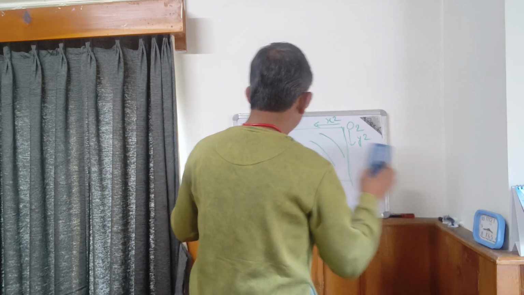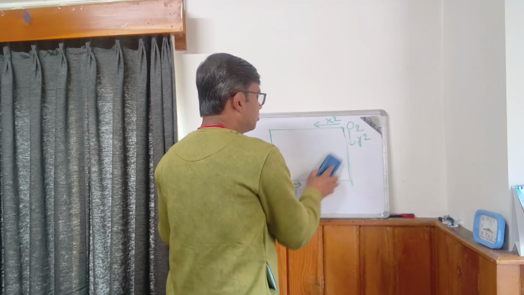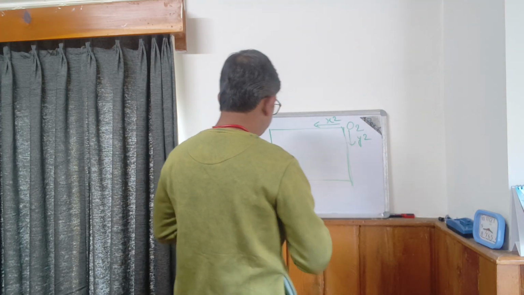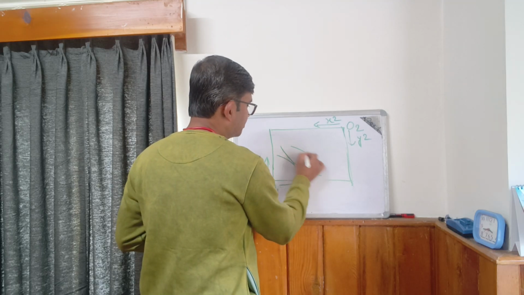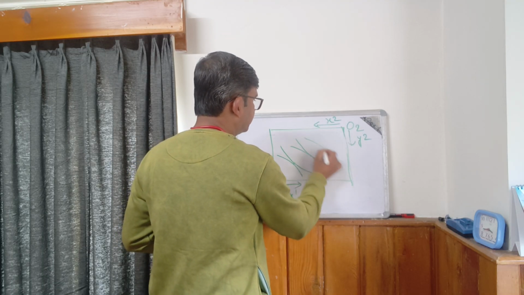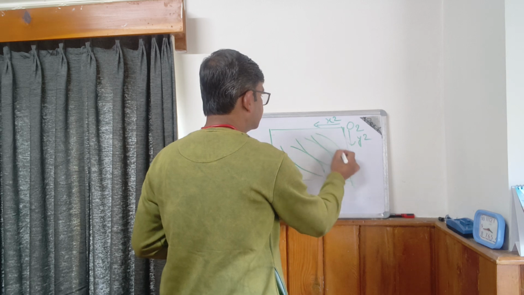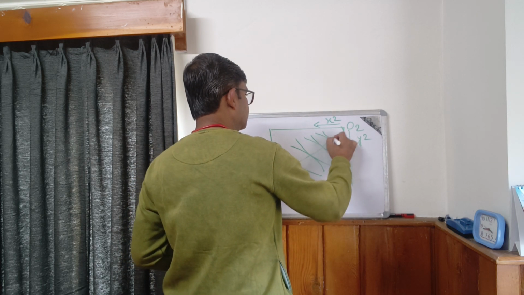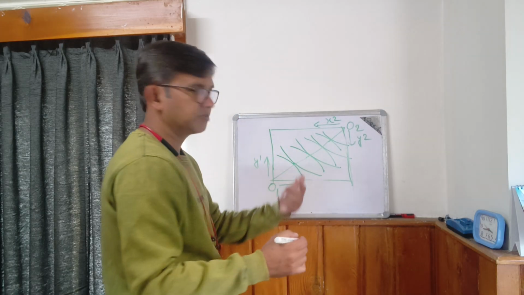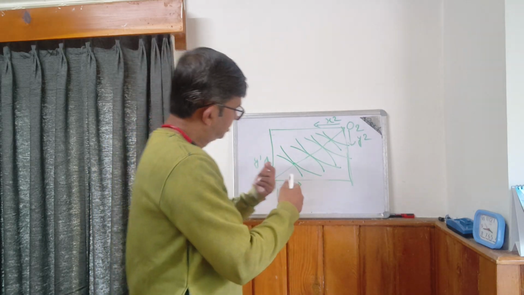So according to Pareto, what are the consumption efficiency points? Where the indifference curves of two different individuals are tangent to each other. So if we join these points, I have got this type of locus.